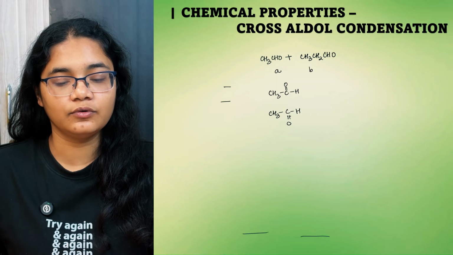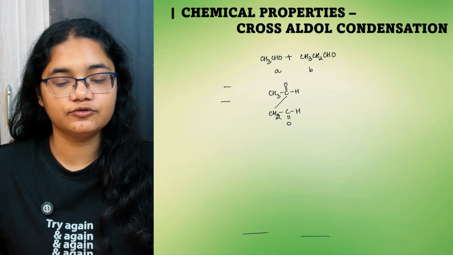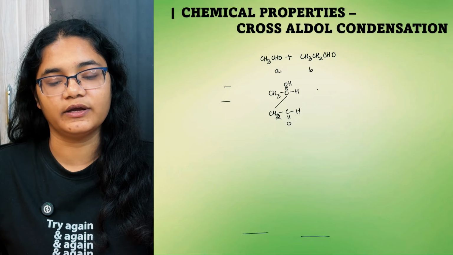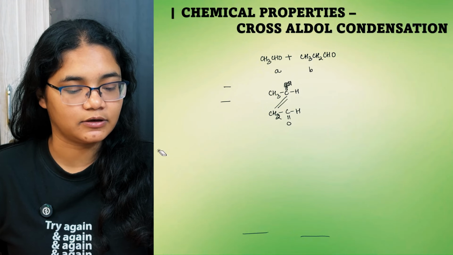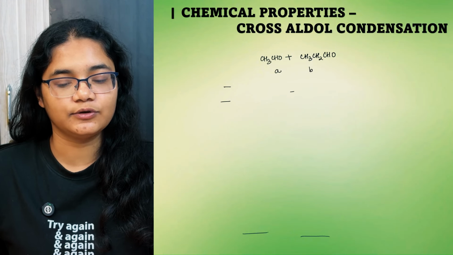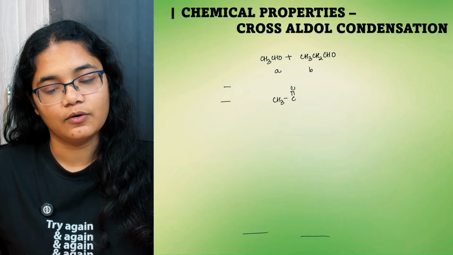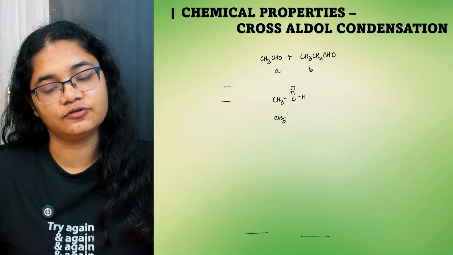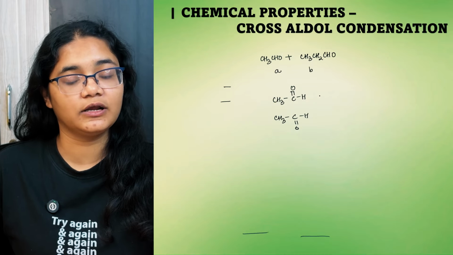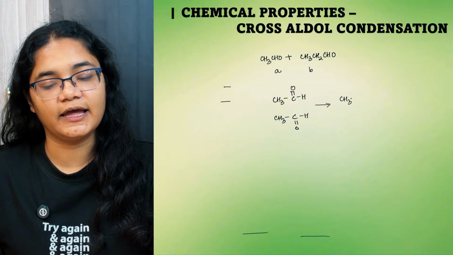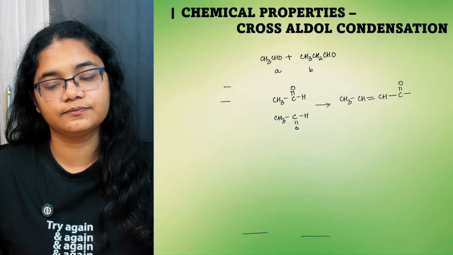What you have to do is connect the alpha carbon to the carbonyl carbon with a double bond. So that will give you CH3CH double bond CHCHO.